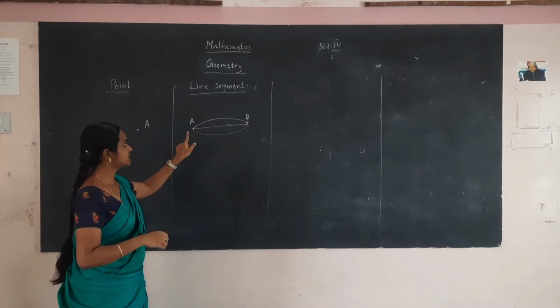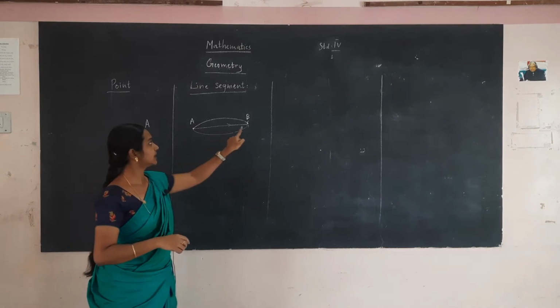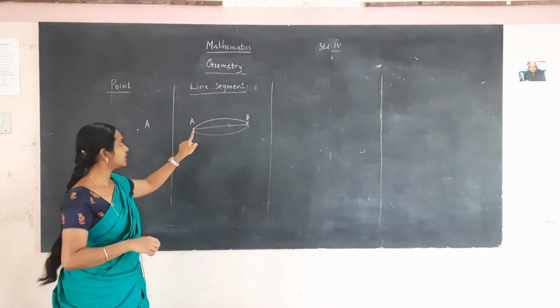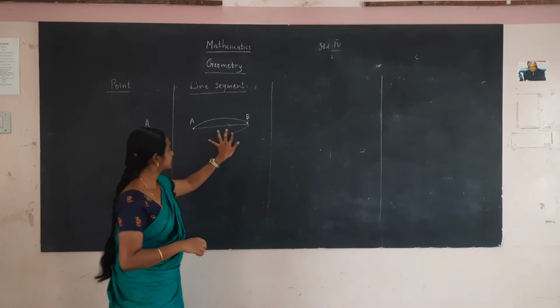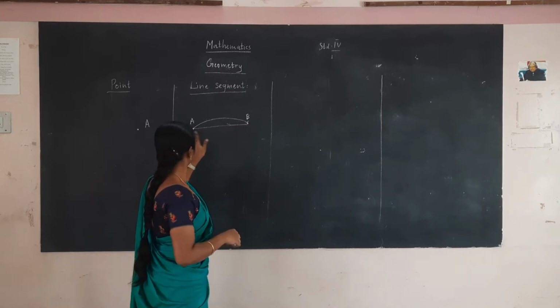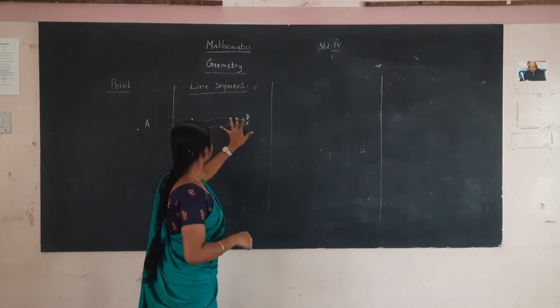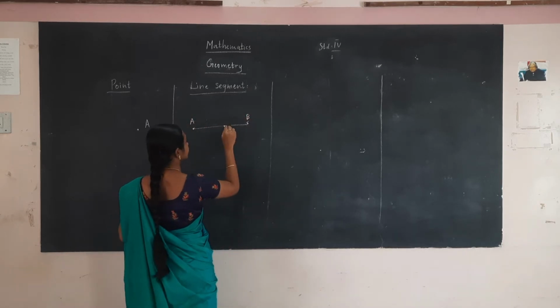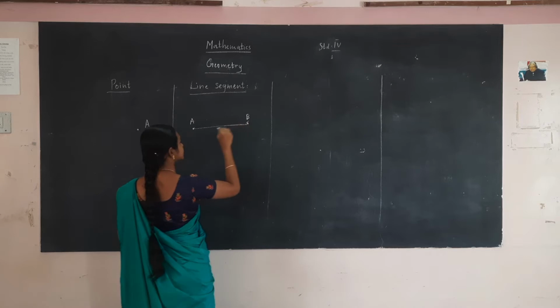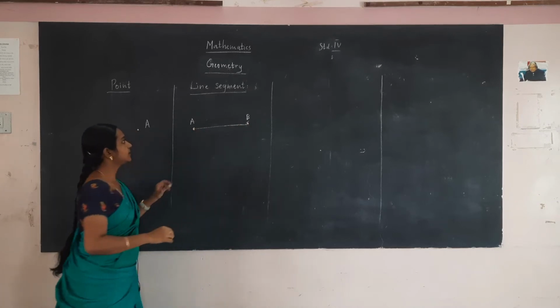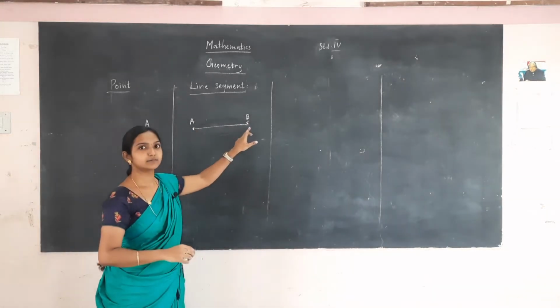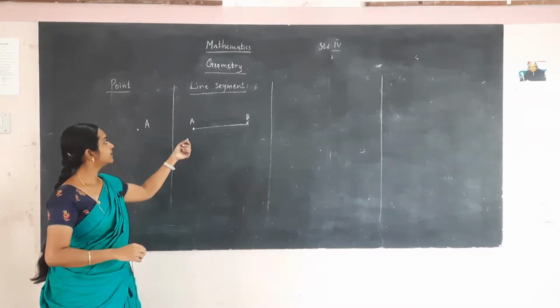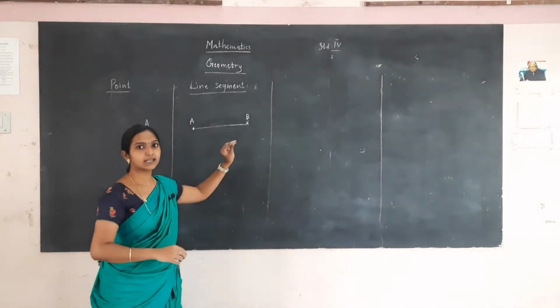The shortest distance to reach a point from another point is called a line segment. This is the shortest distance between A and B. The shortest distance between any 2 points is called line segment.